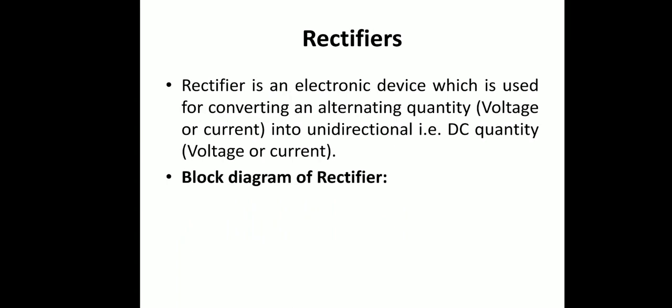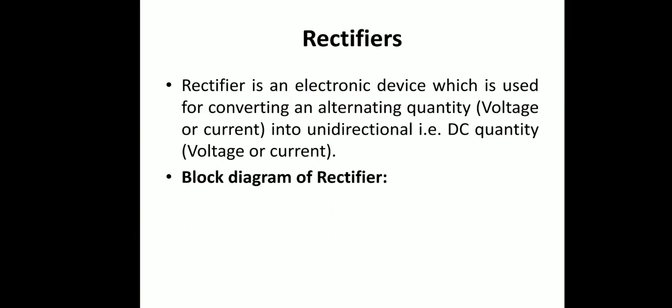Now let us see the rectifier. In every rectifier the PN junction diode is almost always used, because the PN junction diode, as we have already discussed, allows current only in a single direction, anode to cathode.